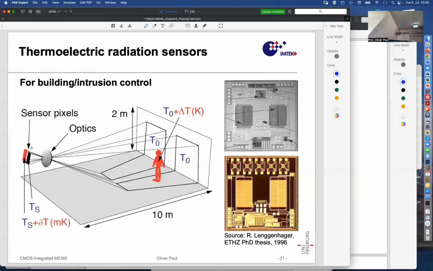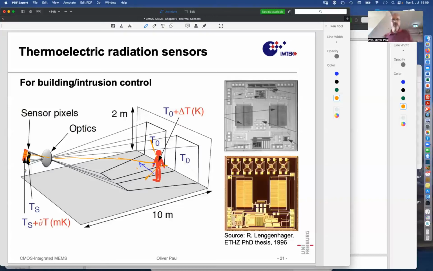And if a person moves in this space from one side to the other, from here to here, then radiation is emitted, of course, in all directions of space, but also into this optics will be projected once on one element, and if it has moved, on the other element. So as the person passes in front of this little detector, there will be a change of signals between the two flakes, and that is going to be detected as motion of a person.